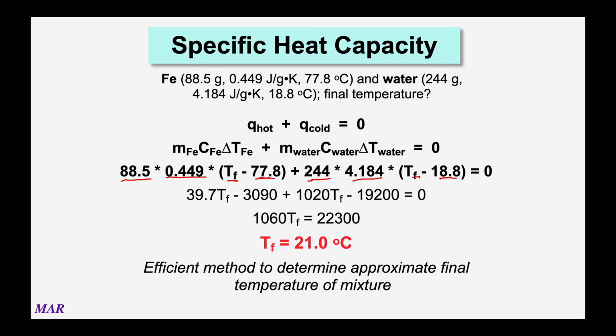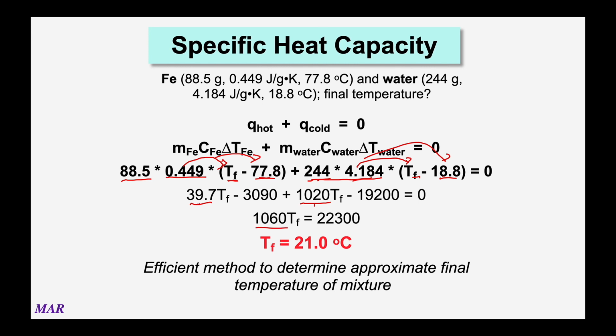So if you distribute this out, and I encourage you to do it, 88.5 times 0.449 is about 39.7. And you want to multiply that by both TF and negative 77.8. So you get 39.7 TF minus 3090. 244 times 4.184 is 1020. Multiply that by TF and that number by negative 18.8, and you get these terms. So what you want to do is combine the TF terms together.